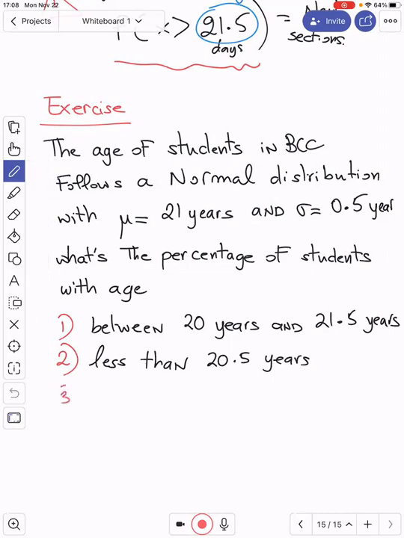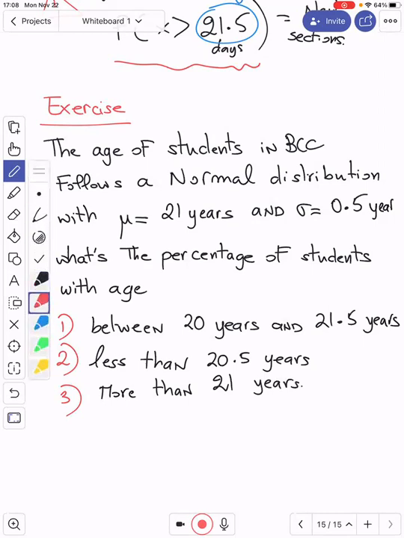Three, more than 21 years. And the last one, for fun, number 4: between 21 and 22 years.